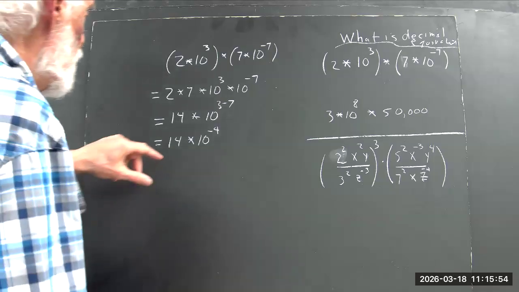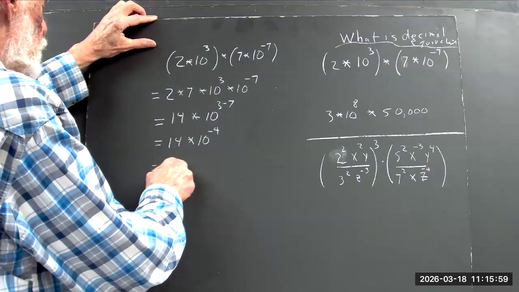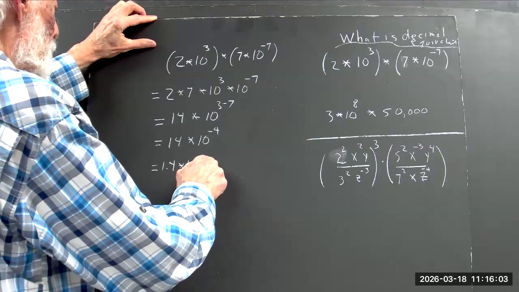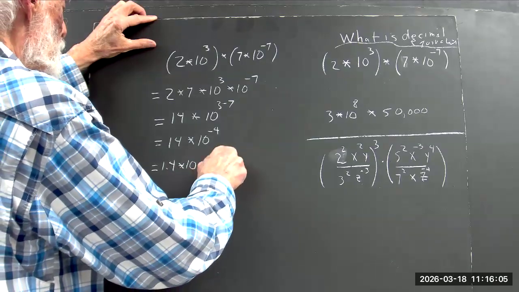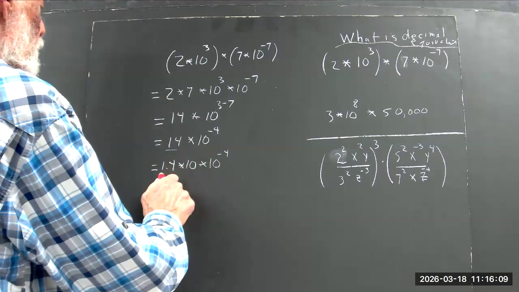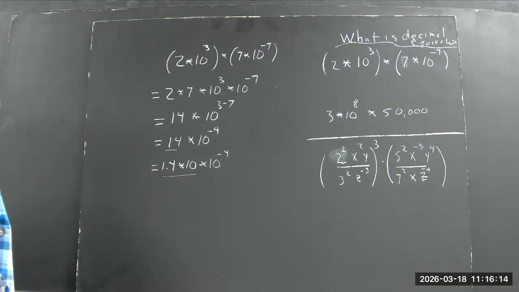Now let's see what I mean by that. 14 can be written as 1.4 times 10. So I take 14 and write it as 1.4 times 10, okay?